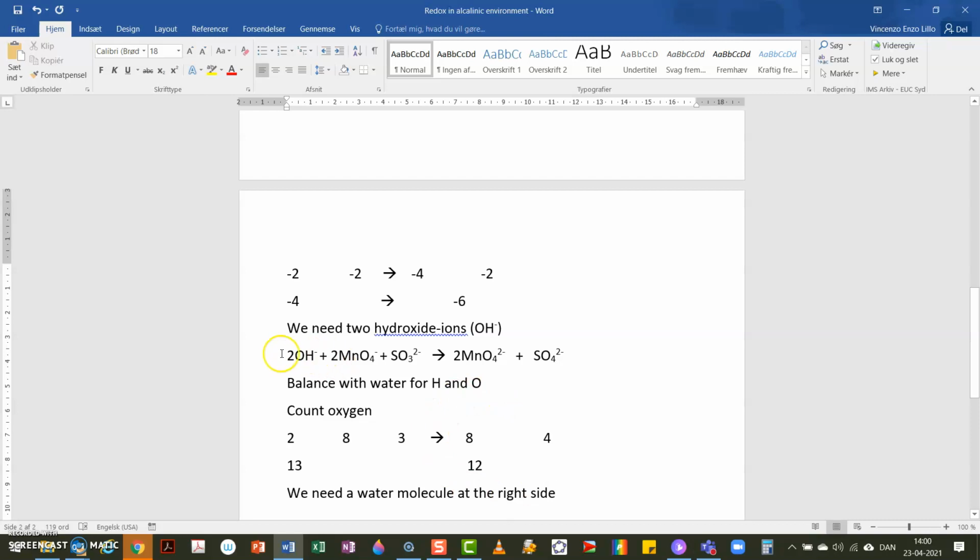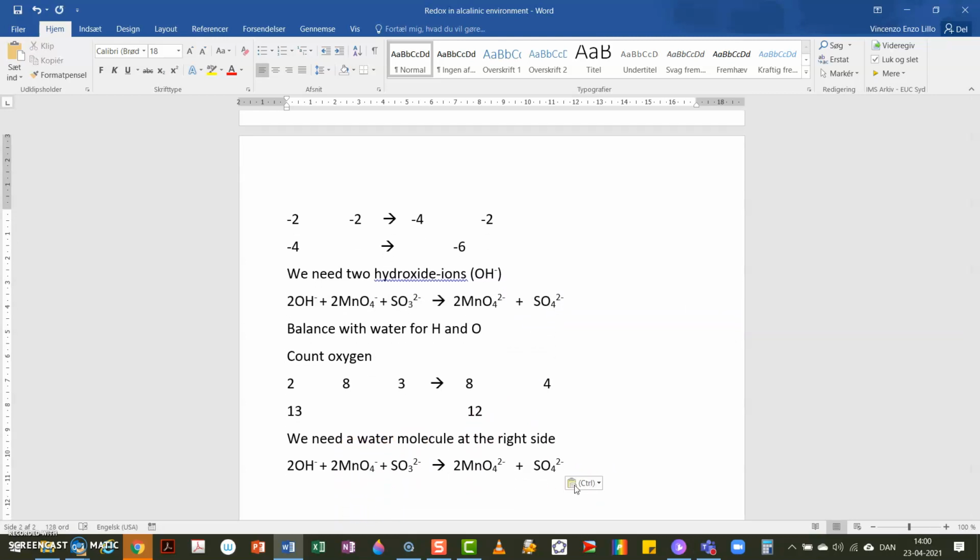So we rewrite the whole equation like this, and we add a single water molecule. And then the equation is balanced.